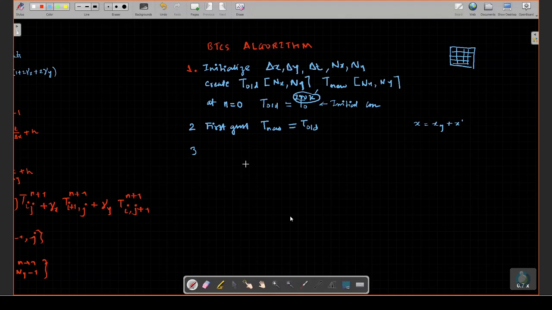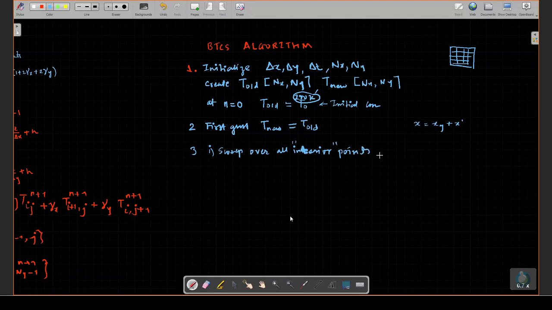So I'll write that: 3, sweep over all interior points. Interior, you remember, you keep interior points. So this is important, interior points.